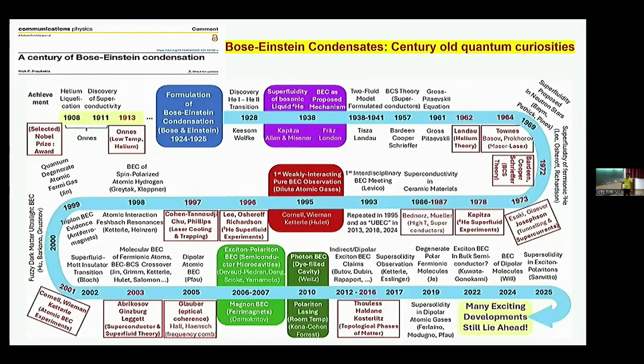Then, with the quest of getting this as an experiment, several other theories were developed in liquid helium-4. Then in superconductors BCS theory came, and Landau got the Nobel Prize in 1962 for describing superfluidity in liquid helium.